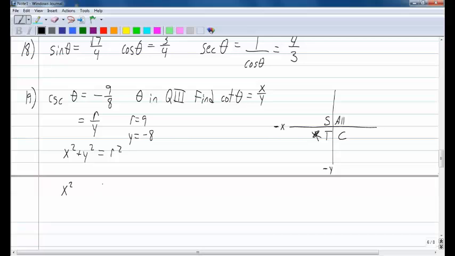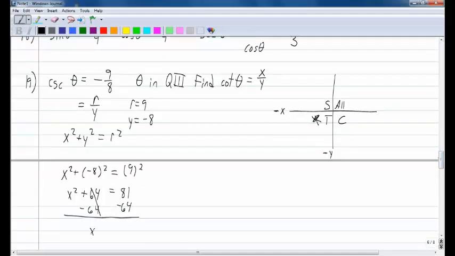So we're going to have x squared plus negative 8 squared equals 9 squared. So that's x squared plus 64 equals 81. Subtract 64 from both sides, and we get x squared is equal to 17.